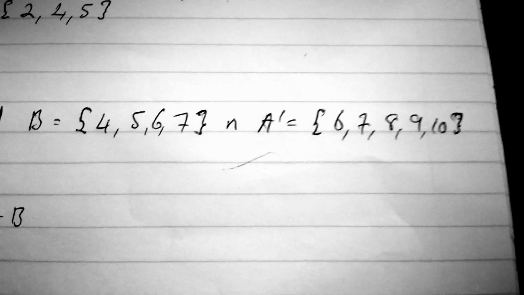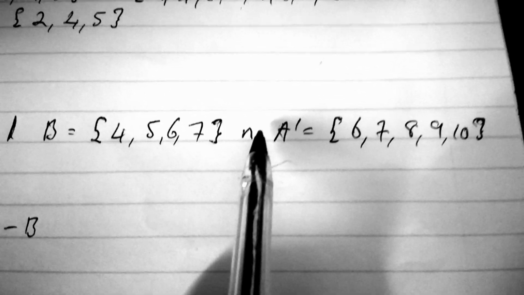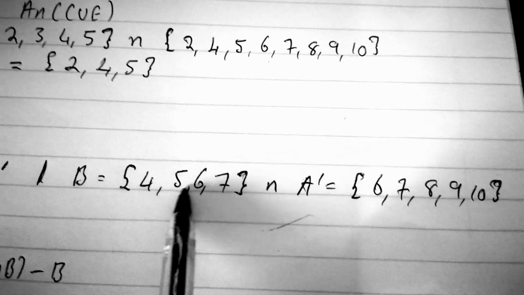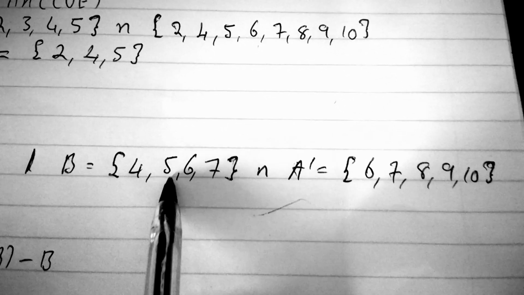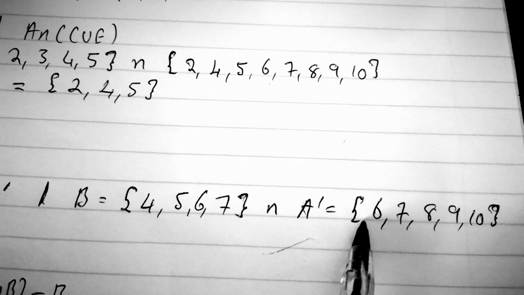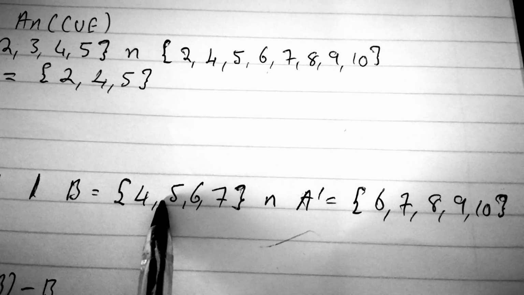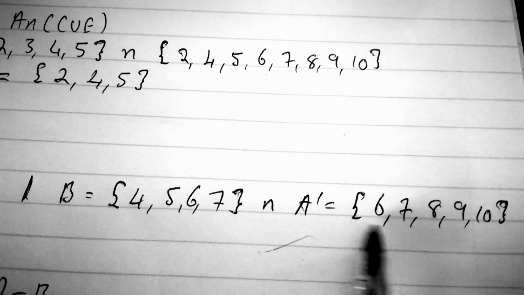Then I'm finding what intersects the two. So notice that 4 is not in both sets. 5 isn't in both sets; it's there in B, but it's not there in A complement. 6 is there, 6 is also here. 7 is here, 7 is also here. The rest, 8, 9, 10, are not in B. So whatever is in both sets is what will make the intersection of the two sets.